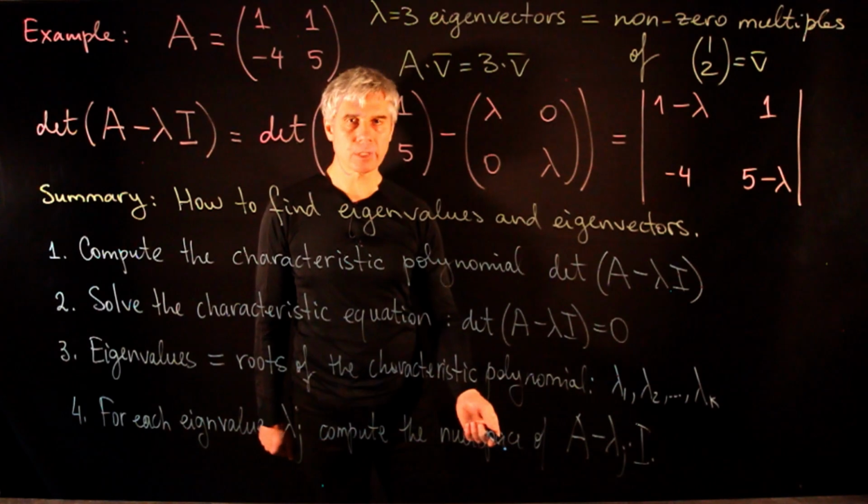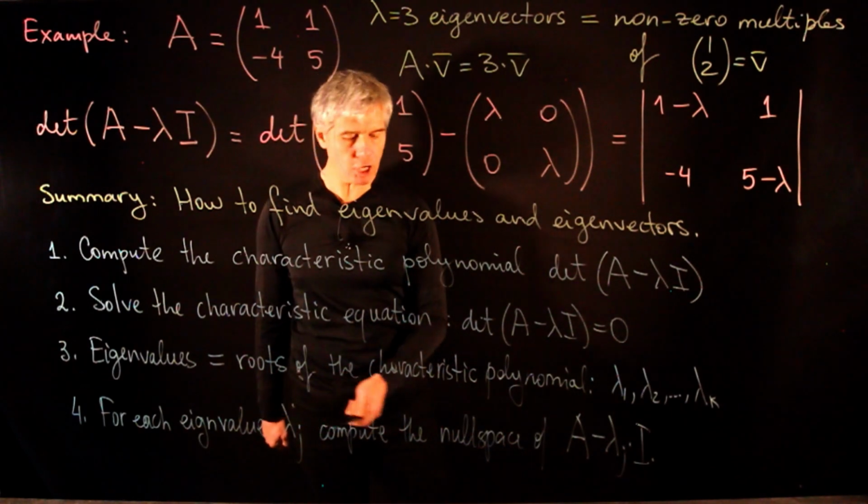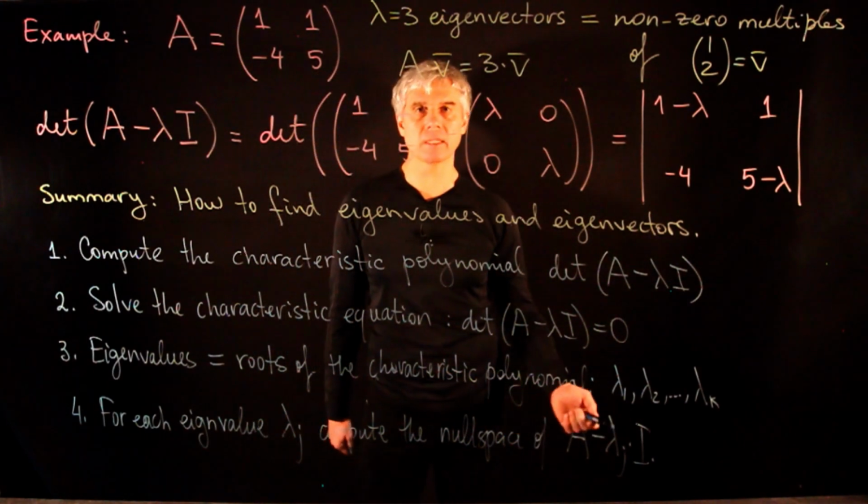And eigenvectors corresponding to eigenvalue lambda j are non-zero vectors in this null space.